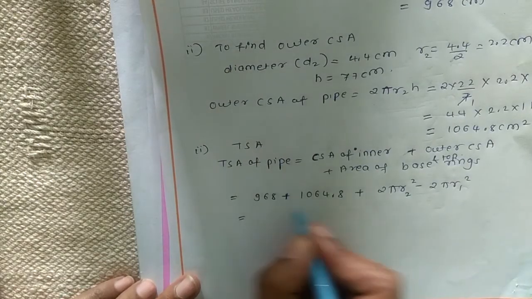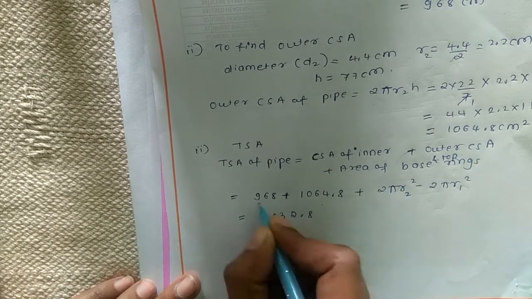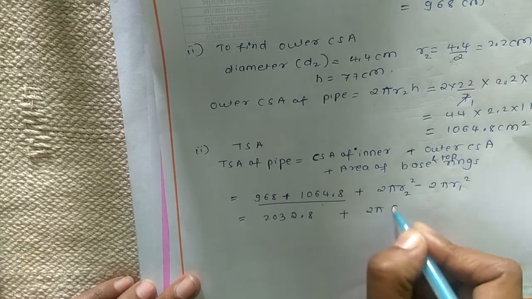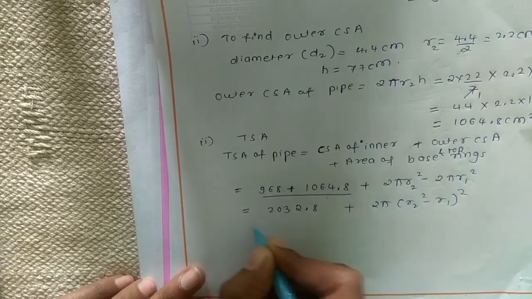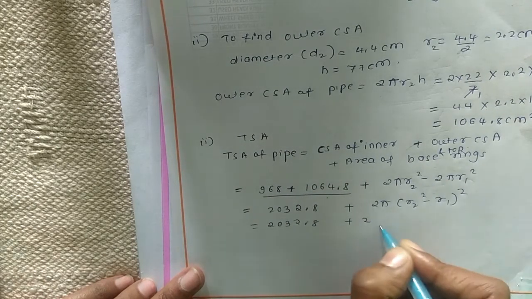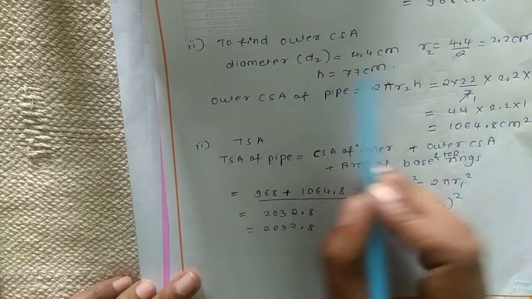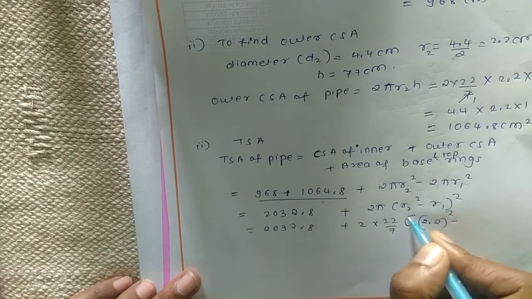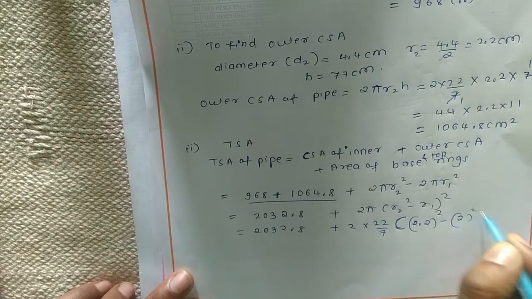So these two we can add here, so we'll get 2032.8. These two I'm adding, plus here you can take common 2 pi, r2 squared minus r1 squared. So 2032.8 plus 2 into 22 by 7, and here r2 is 2.2 its square, minus r1 is 2 its square.